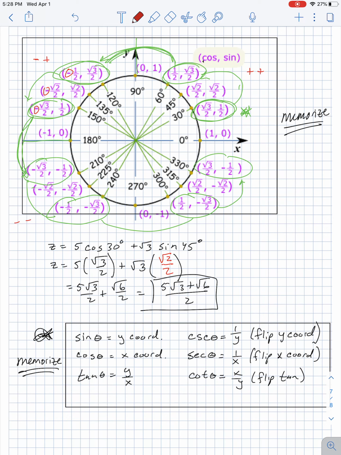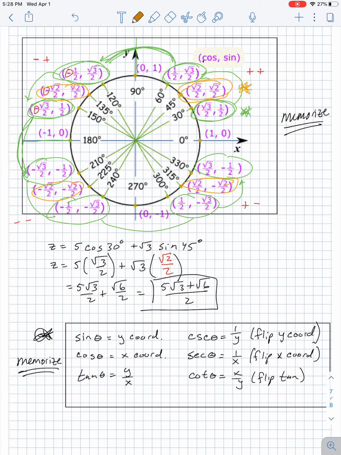These are negative negatives, and these are positive negatives. Okay? And then the 45-degree angles are easy because they're all the same numbers, just with different signs. So all you have to memorize is the point root 2 over 2, comma, root 2 over 2. So basically, all you have to memorize is 2 points and the pattern, and you're pretty much done.